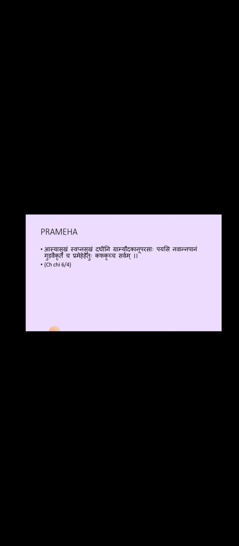So Prameha in Charaka Chikitsa is explained as the sixth chapter, after Gulma. But in Madhava Nidana, it is explained in the 33rd chapter, after Ashmari, which is the 32nd chapter.